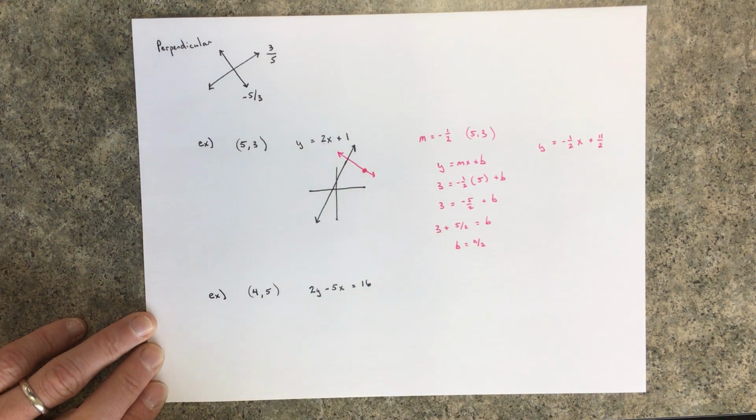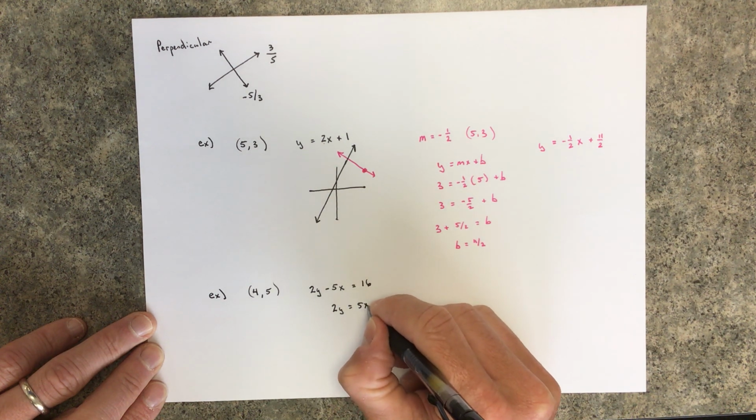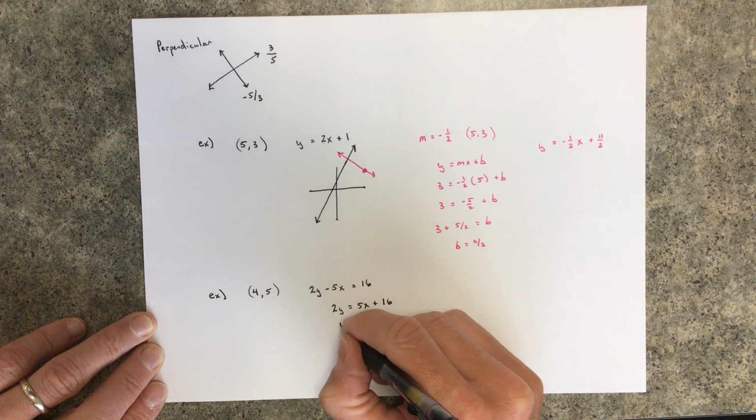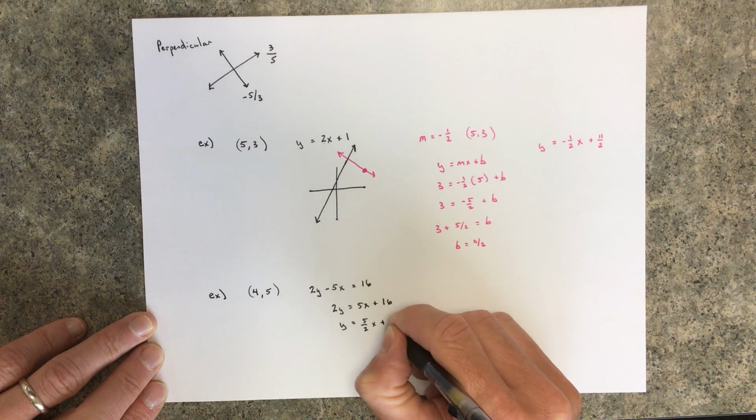Let's find out this slope first. So let's solve it for y. There you go. Let's divide by 2. y equals 5/2 x plus 8.